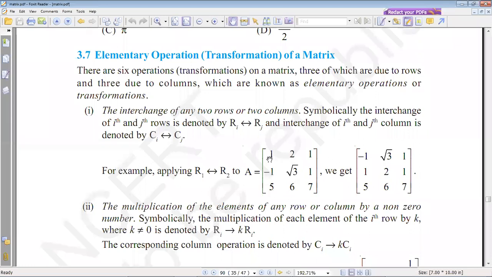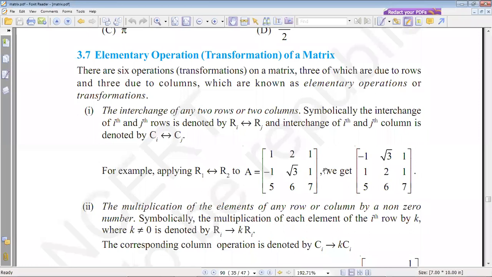See here, this is a square matrix. Here we interchange row 1 and row 2. In place of row 1, we put row 2, which is minus 1, root 3, 1. In place of row 2, we put row 1, which is 1, 2, 1.